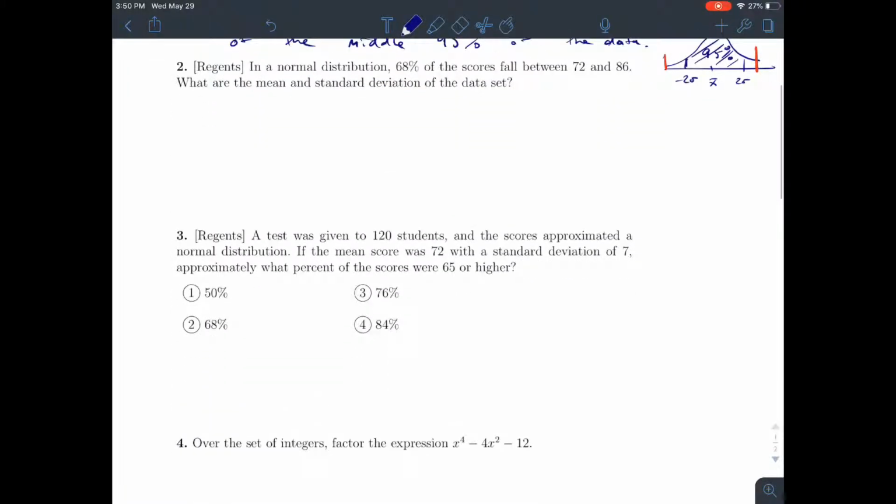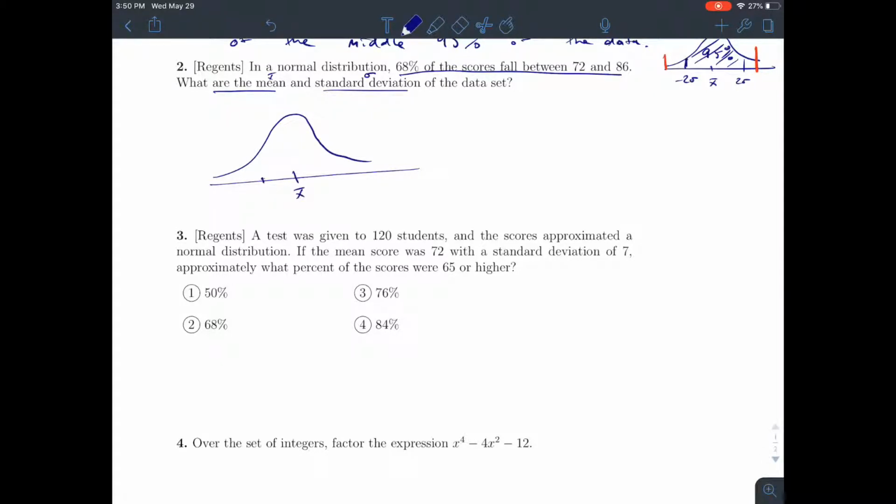In a normal distribution, 68% of the scores fall between 72 and 86. What are the mean and standard deviation? So mine is a little slanted here, but I think it's symmetrical enough to follow. So you've got x bar, which is the mean, which is not given to us, and we don't know sigma as well. But we do know that 68% of the scores fall in this range.